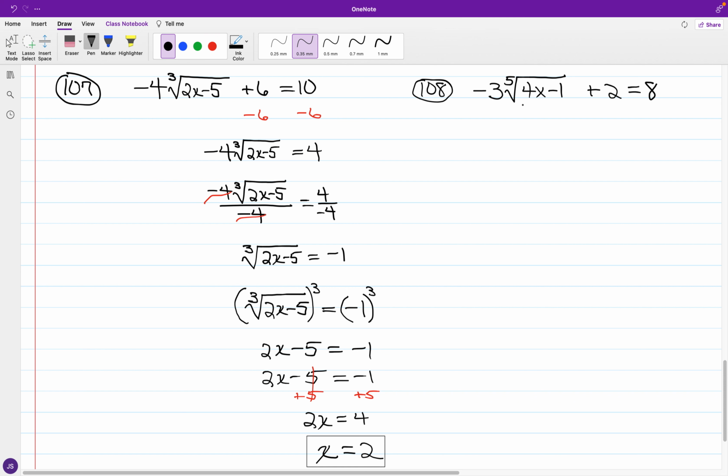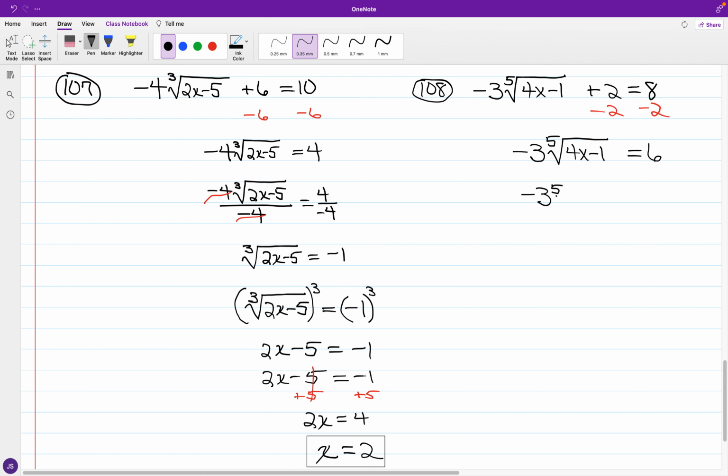And so for what I have here, again, I can isolate the radical term, and upon taking 2 away, -3 times the fifth root of 4x minus 1 is equal to 6.